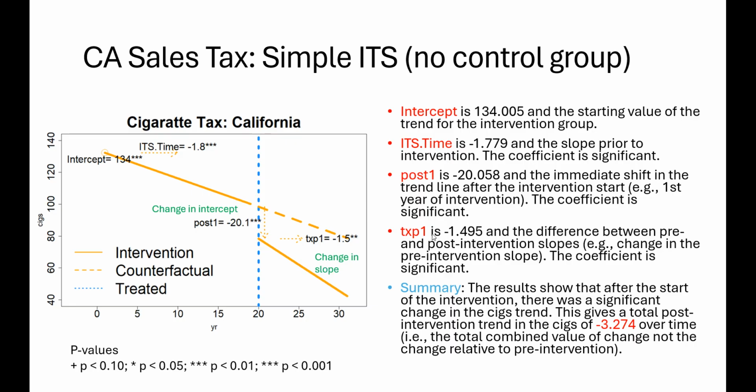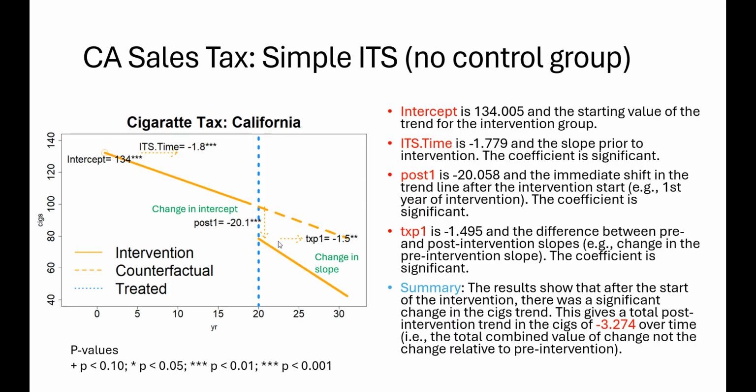So that's what we're going to do. How we'll interpret the next coefficient, TXP1. That is negative 1.5, the difference between pre and post intervention slopes, the change in the pre-intervention slope. The coefficient is significant.